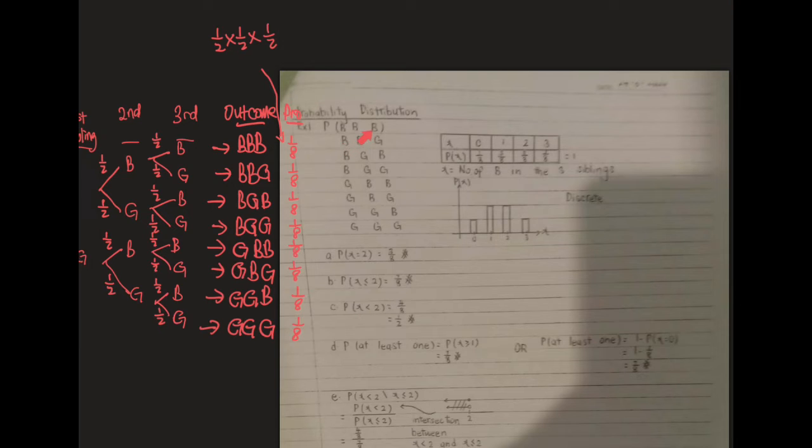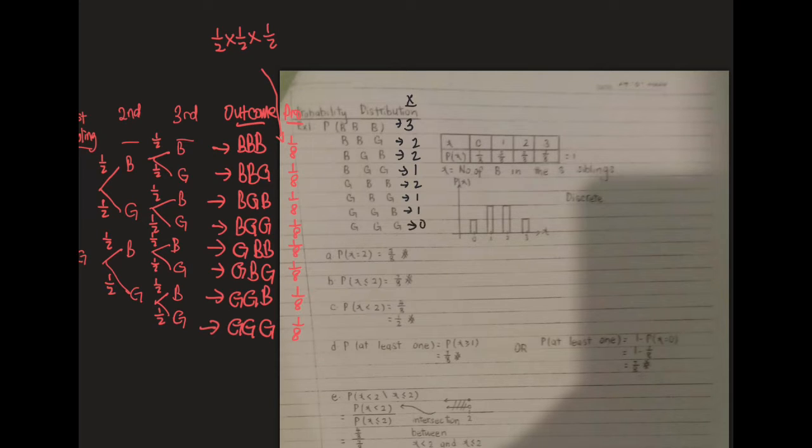For BBB, it is 3 boys. I name this column as X. X means the number of boys. So 2 boys. This one 2 boys. 1 boy. 2 boys. This is 1 boy. 1 boy and 0 boys.